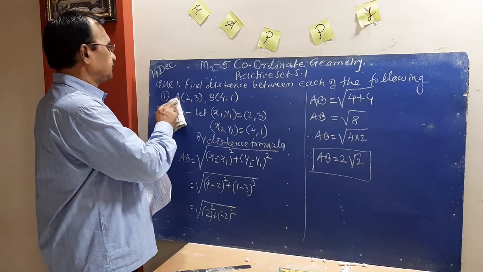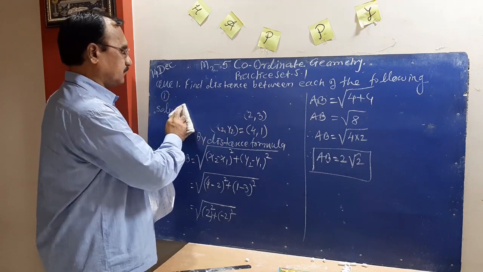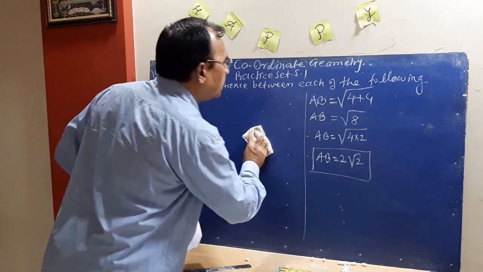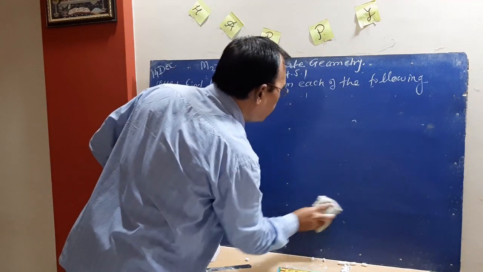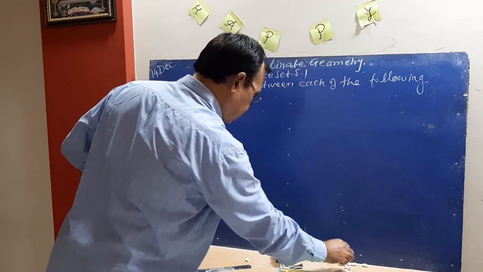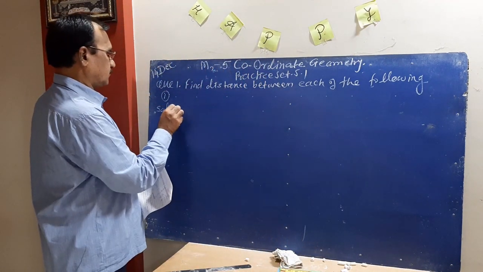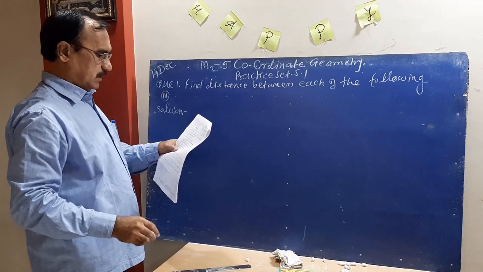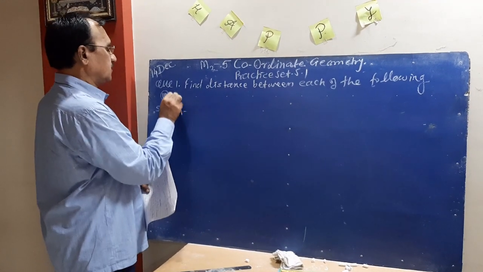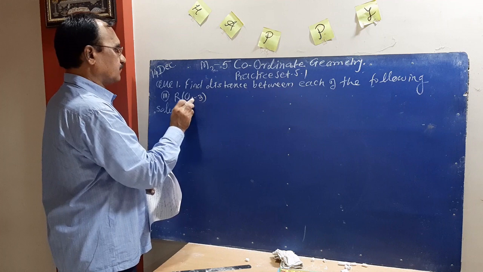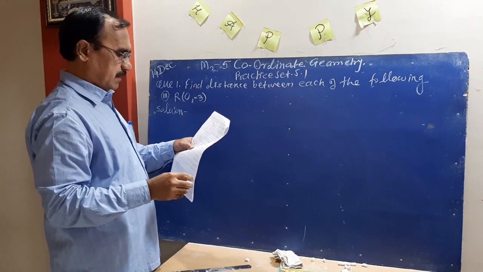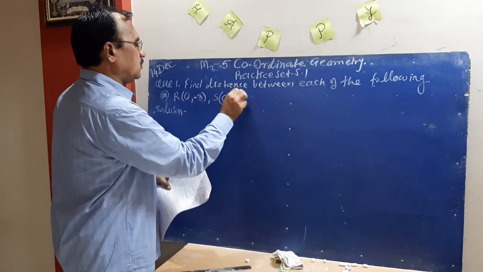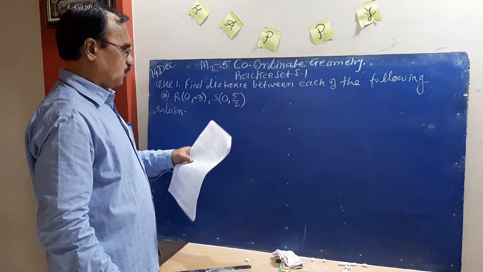Then third one, all are same examples. Third one is R (0, minus 3) and S (0, 5 by 2).